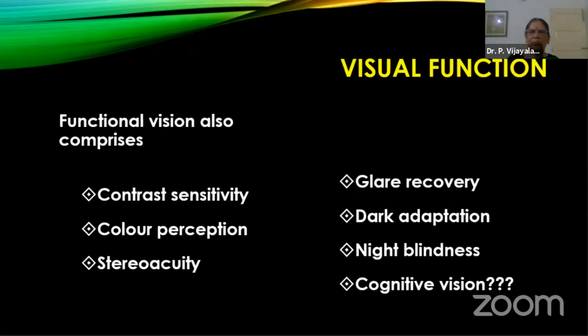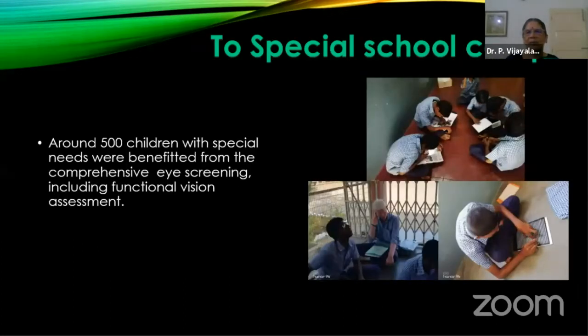So we have moved from stating visual acuity only to stating visual functions as a comprehensive part of vision, and it is not only a single entity. But these aspects are not included in public community-based screenings, either in schools or anywhere else. These functions are not being included.